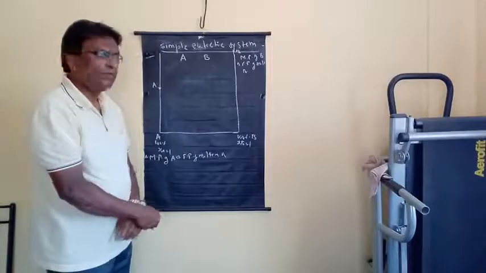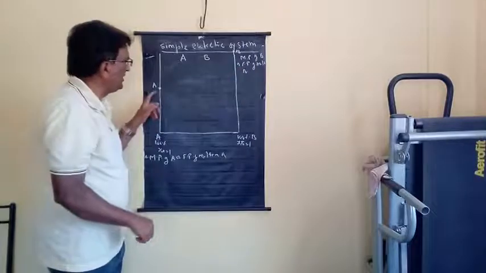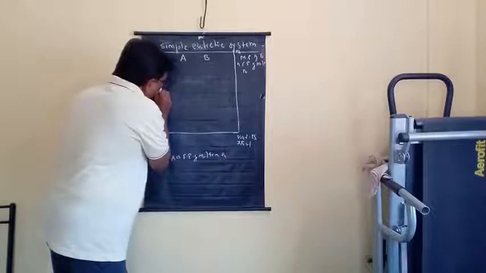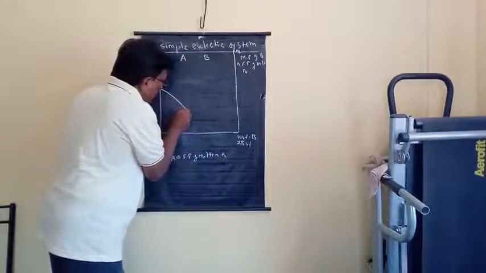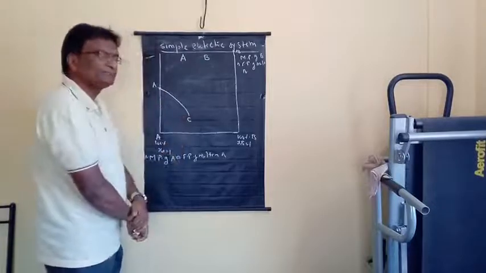Now if we go on adding increasing quantities of B in a molten mass of A, then we will come across this curve AC.